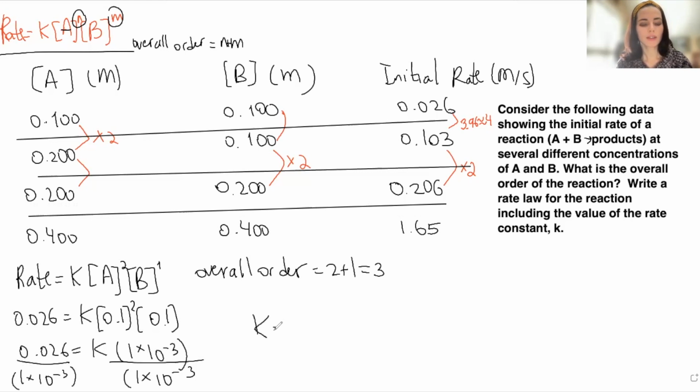So K is equal to what? K is equal to 26. So this is our K, and now we can write rate law. We say rate is equal to 26 times [A] to the power of 2, A squared, and times [B]. This is our rate law. We answered the question.